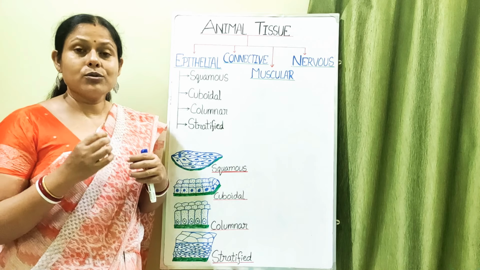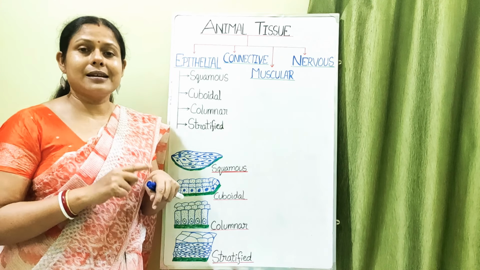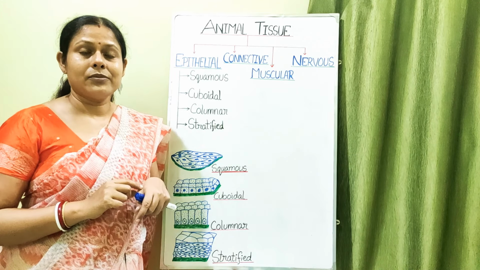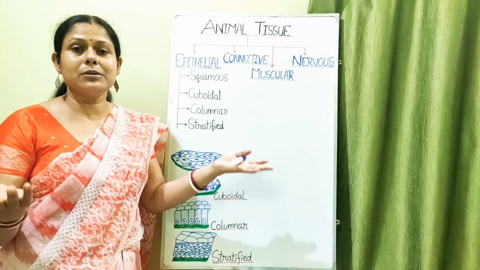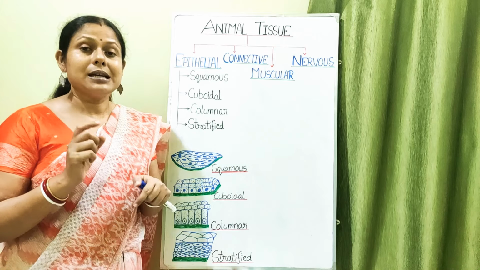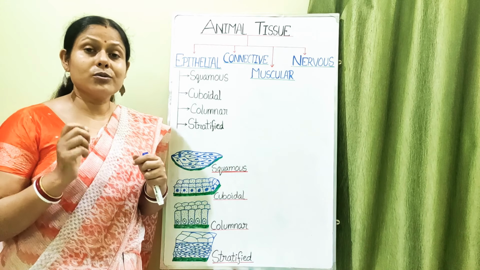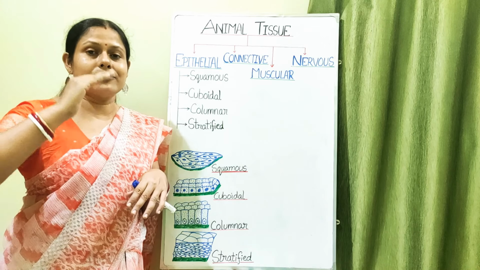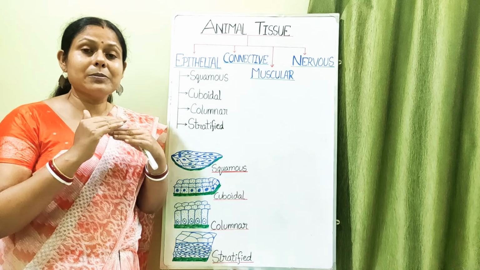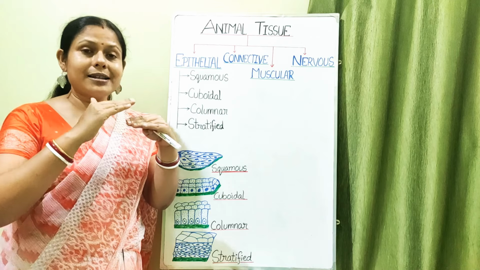If your skin were made up of just a single layer, it would immediately rupture and the blood would ooze out. But it does not ooze out so easily. The reason is that the skin is made up of layers of tissues. So since it is made up of layers of tissues, what is a layer?